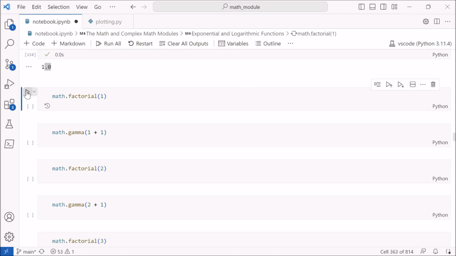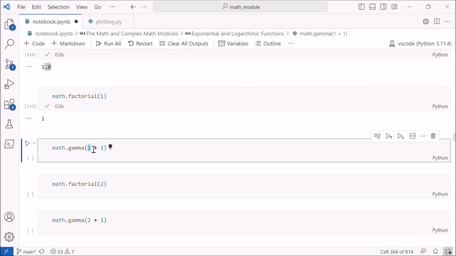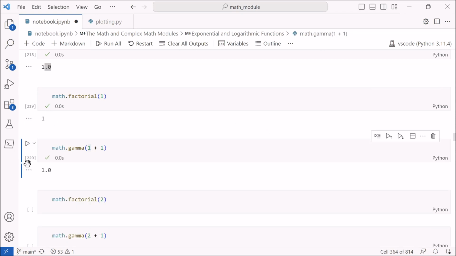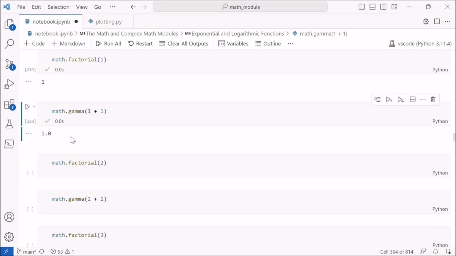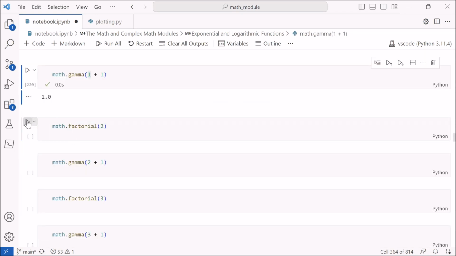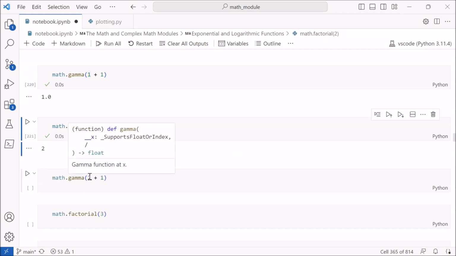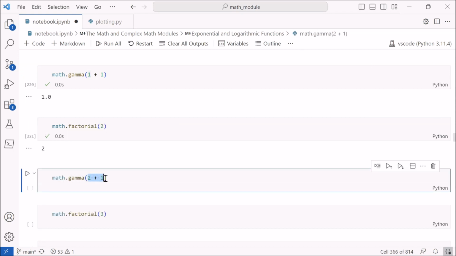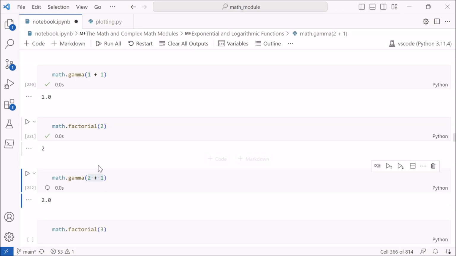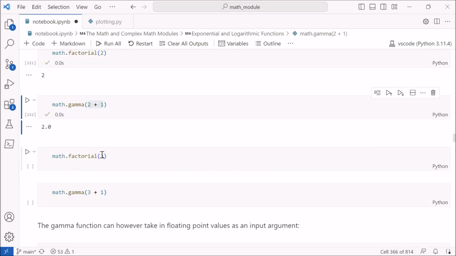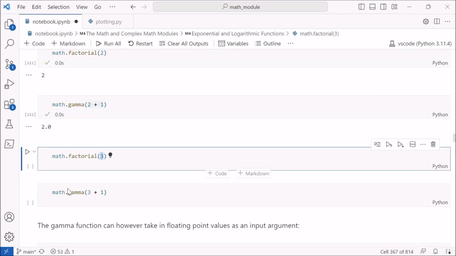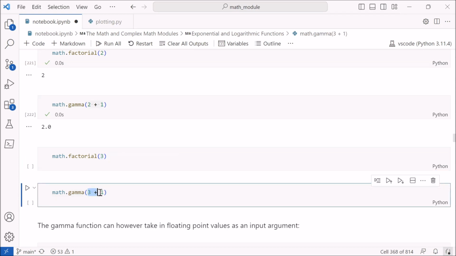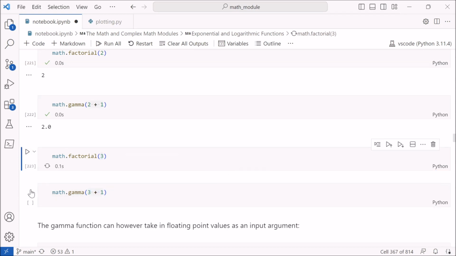Now if we have a look at the factorial of 1 and the gamma of 1 plus 1, we should once again get the same thing. We have a look at the factorial of 2 and the gamma of 2 plus 1, we should get the same thing. And if we have a look at the factorial of 3 and the gamma function of 3 plus 1, we should get the same thing.